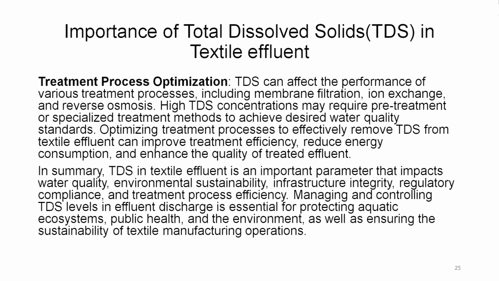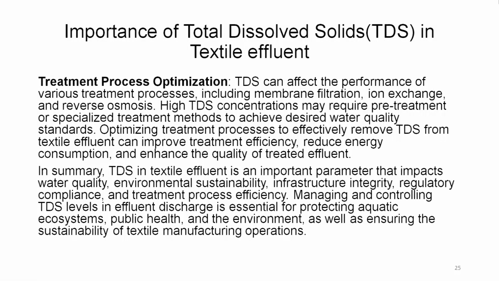Optimizing treatment processes to effectively remove TDS from textile effluent can improve treatment efficiency, reduce energy consumption and enhance quality of treated effluent. So, everywhere we have been again and again talking about process optimization.